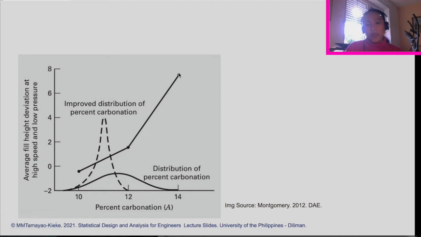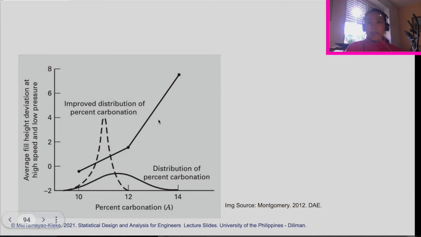So here, this is the curve for high speed. This is the curve for average fill height deviation at high speed and low pressure. And as you can see, it increases dramatically as the percent carbonation increases.